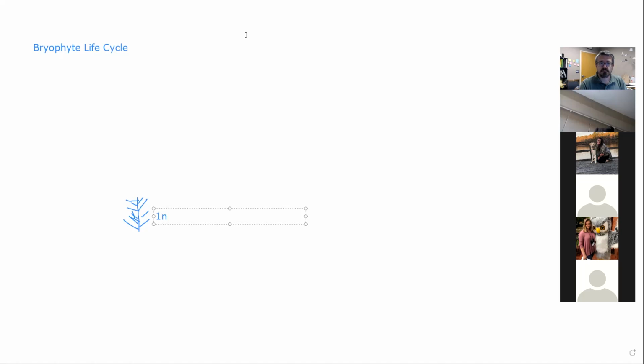Okay. I am going to draw another one over here. Also 1N. Okay, let's make a female on this side. We're not female necessarily, but it's going to be an archegonium on one side.